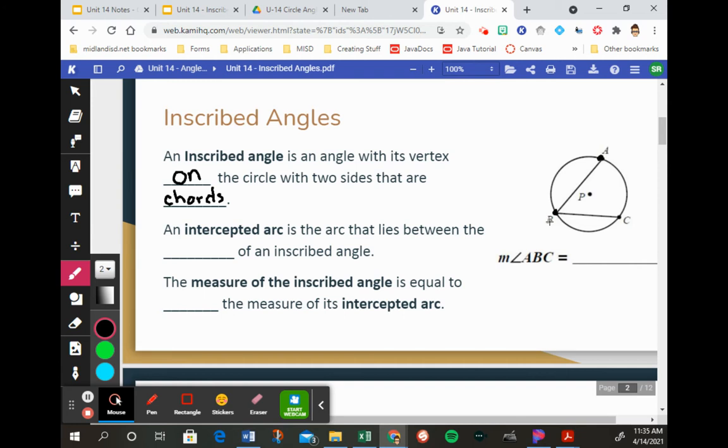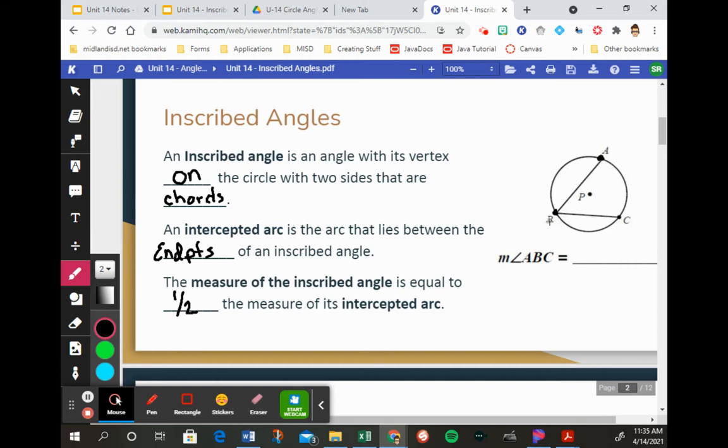An intercepted arc is an arc that lies between the endpoints of an inscribed angle. The measure of the inscribed angle is equal to half the measure of its intercepted arc.